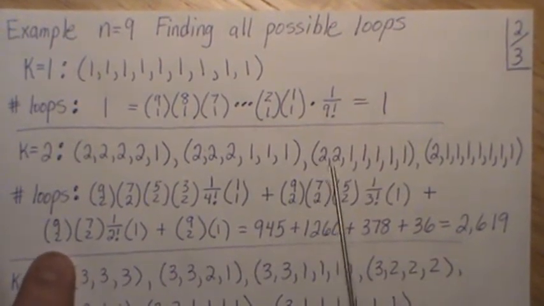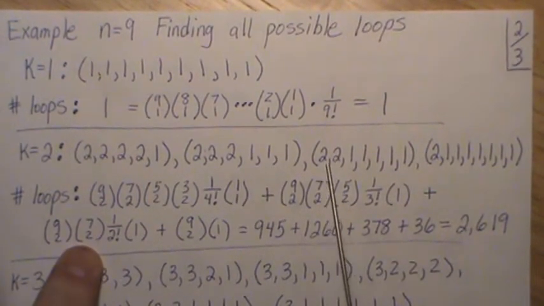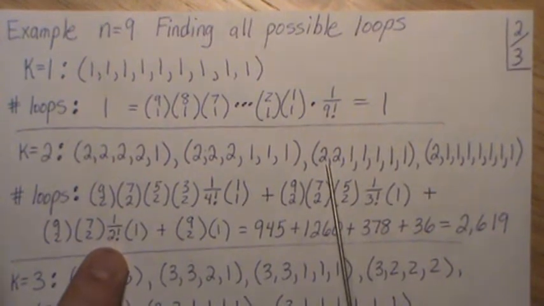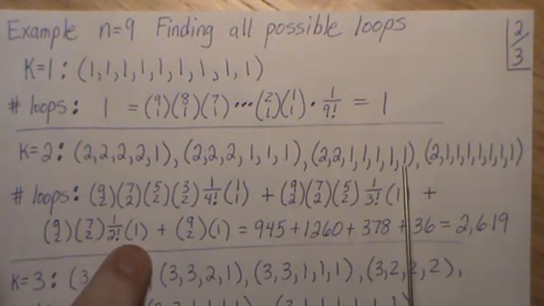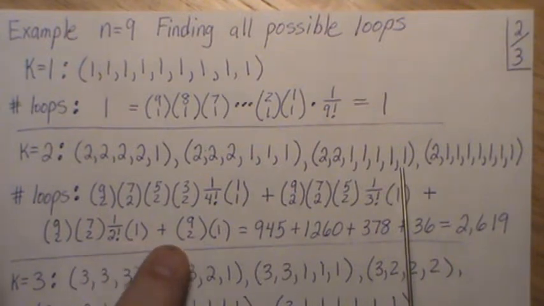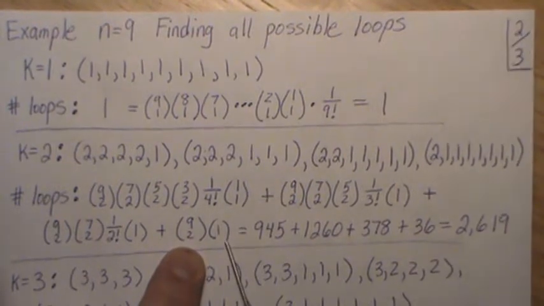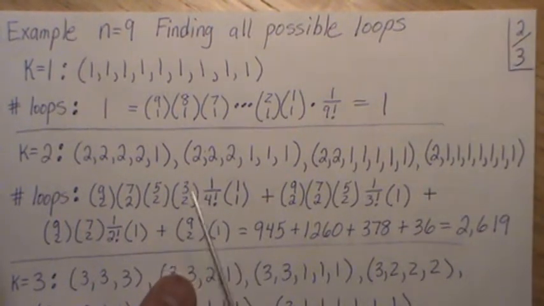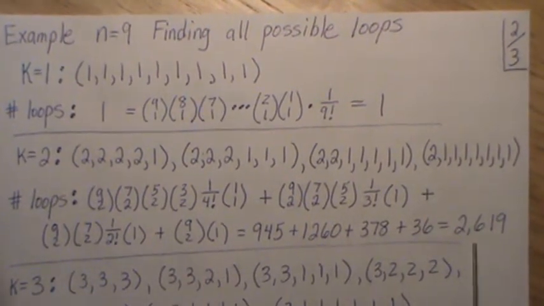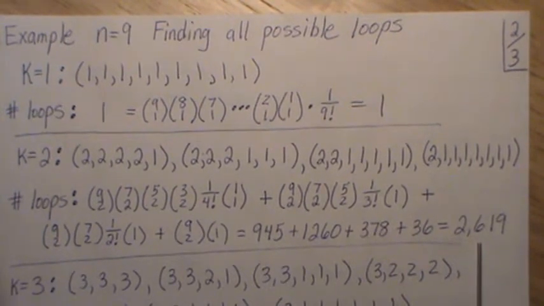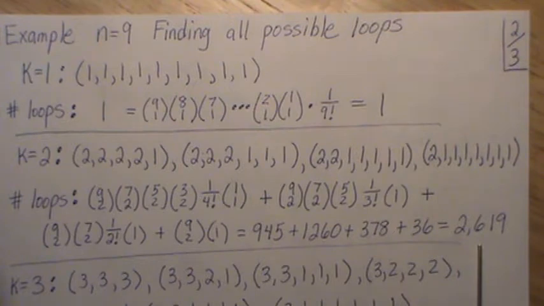Here, 9 choose 2, 7 choose 2, there's 2 in a row, so we have to divide by 2 factorial, and all the rest have their numbers correctly in the box. There's only one way to do that. Here, 9 choose 2, and then there's correct ways to do that. And so you add up these and you get 2,619. So that's the number of ways to have different loops, but the maximum be 2.